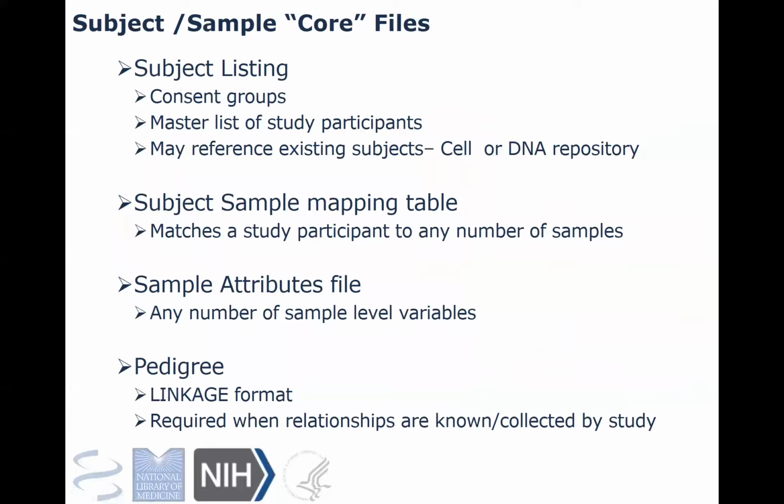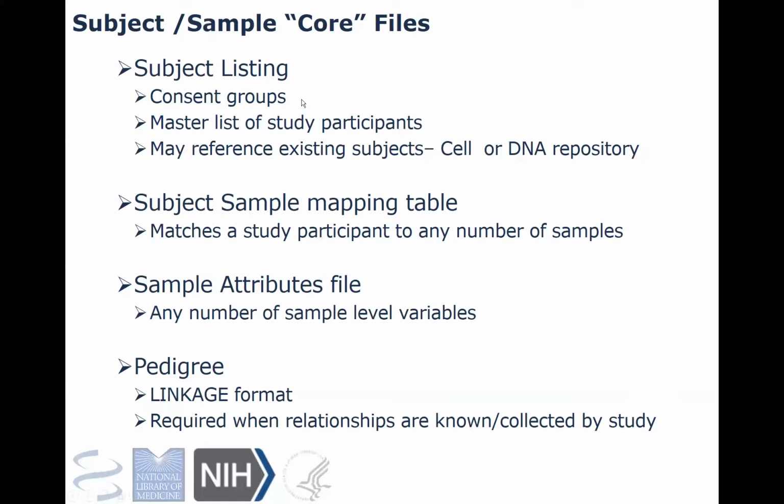When you're submitting, just to give you a really 1,000-foot view of what we ask for, there's some core tables in the submission for dbGaP, and one is the subject listing, and it's very simple. It's a list of de-identified subject IDs that link to each participant in the study, and their consent group.